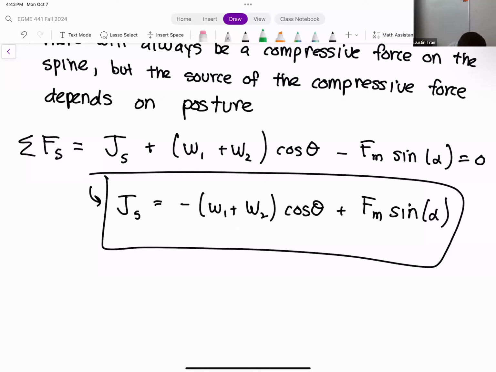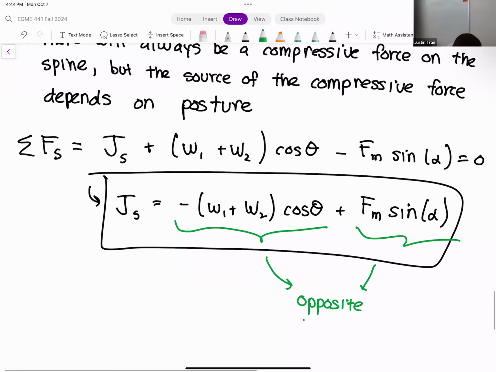This part and this part have opposite signs. Whenever you have an equation that has different components with different signs, there's the potential for things to cancel each other out.